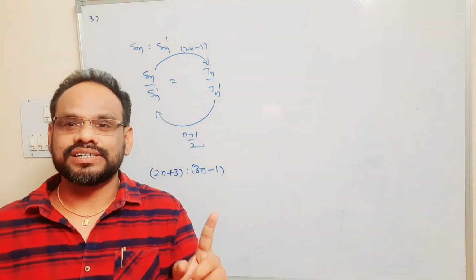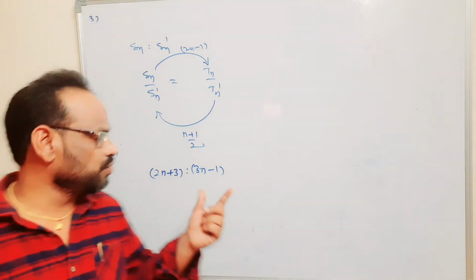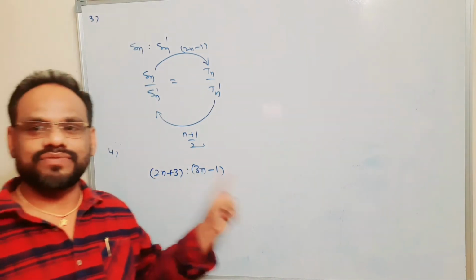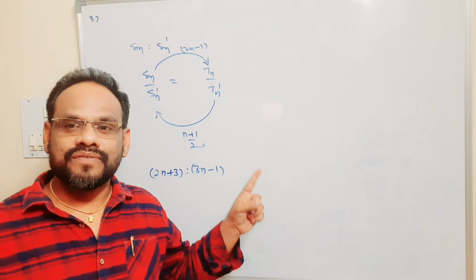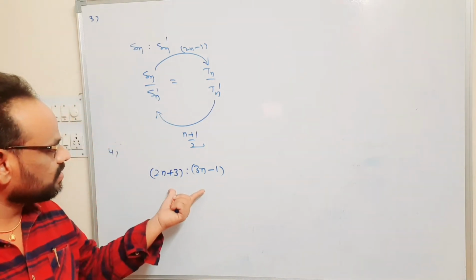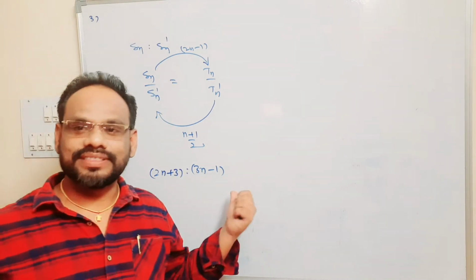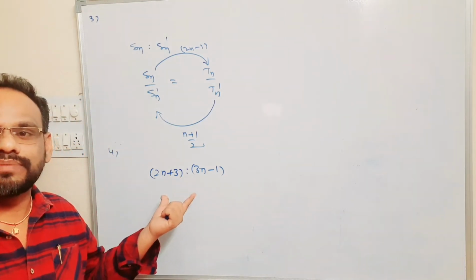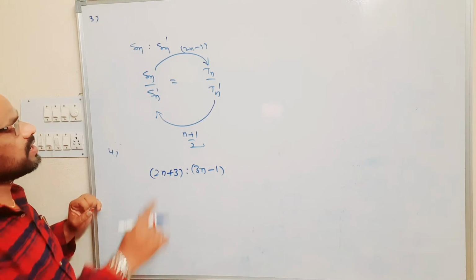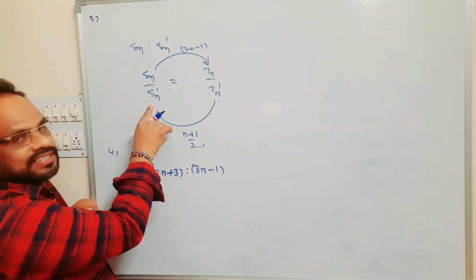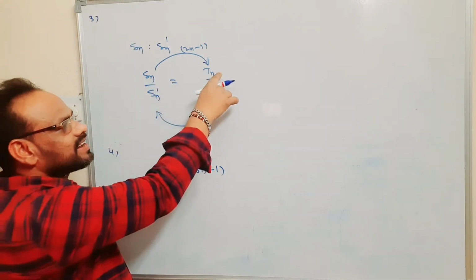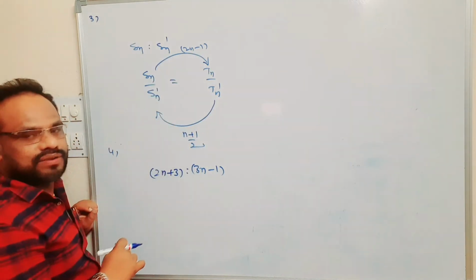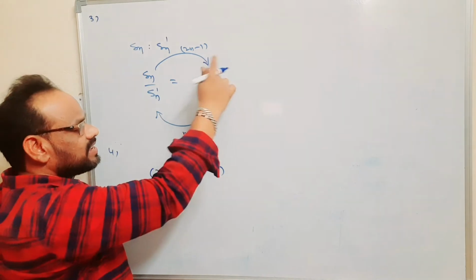Then find the ratio of their fifth terms of these APs. We know that if Sn and Sn dash is given, we want Tn and Tn dash, by replacing n with 2n minus 1, we get Tn and Tn dash.